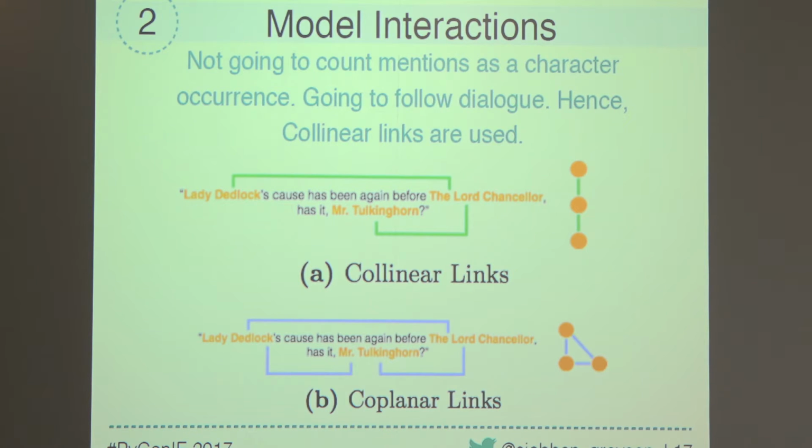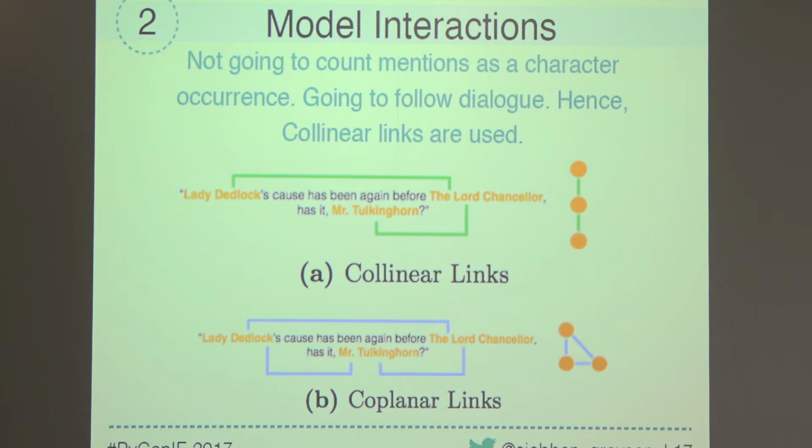In this case, we see: Lady Dedlock's cause has been again before the Lord Chancellor. Has it, Mr. Tulkinghorn? I'm not very good at pronouncing stuff. Anyway, the Lord Chancellor and Mr. Tulkinghorn are in the scene, but Lady Dedlock is not.